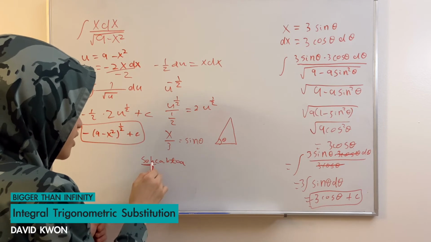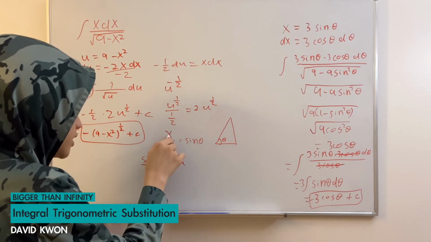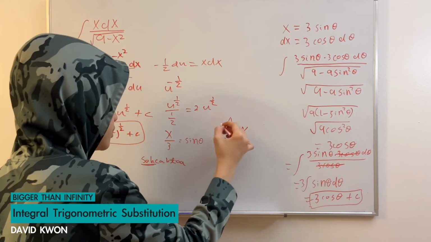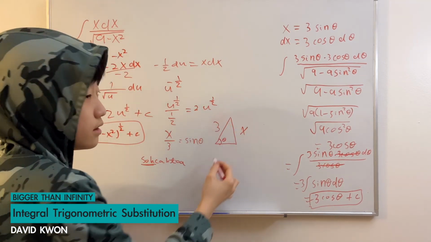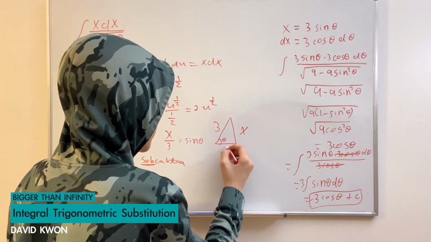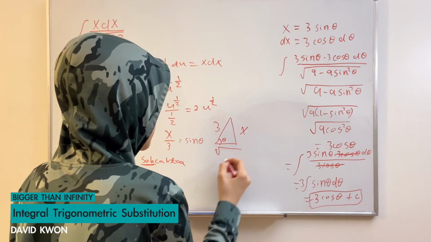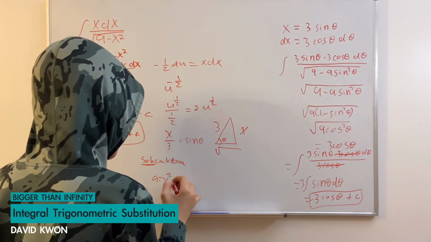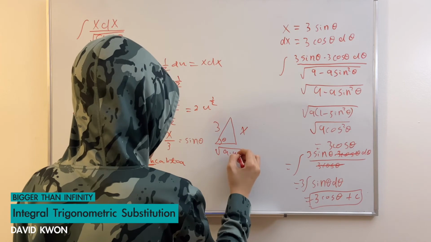So opposite over hypotenuse: opposite is x and the hypotenuse is 3. What is this side? From the Pythagorean theorem, it is the square root of 9 minus x squared.